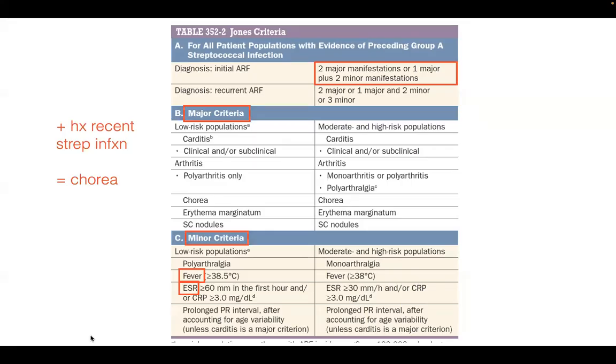Chorea alone in the background of a recent streptococcal infection is enough to clinch the diagnosis. So please take note of that. Take note of what I boxed out.